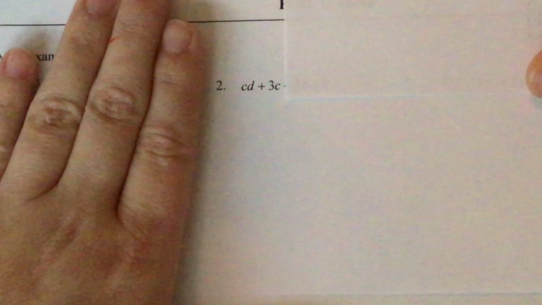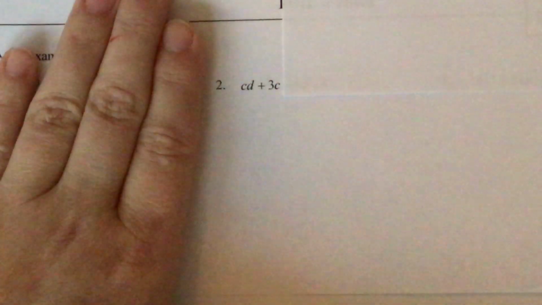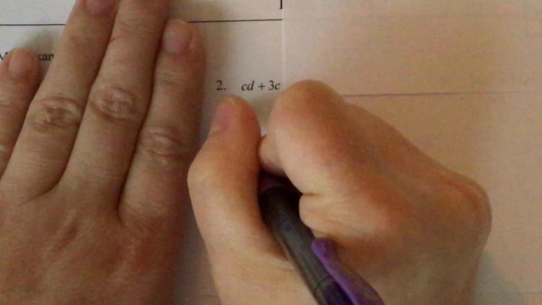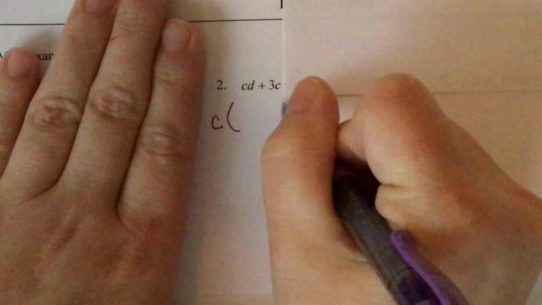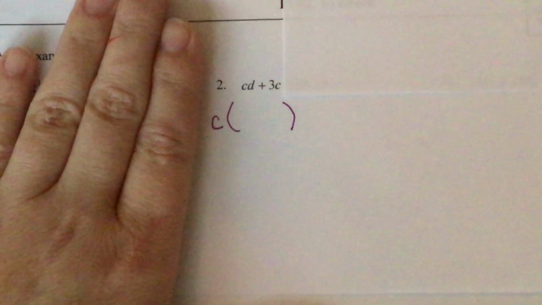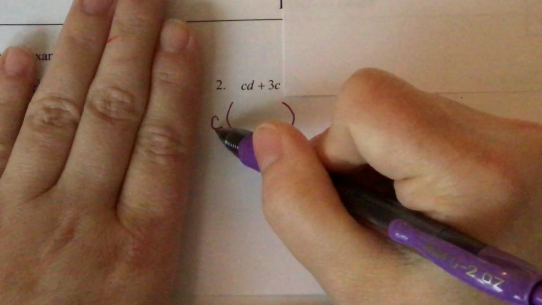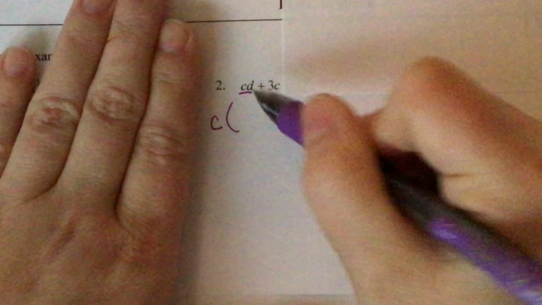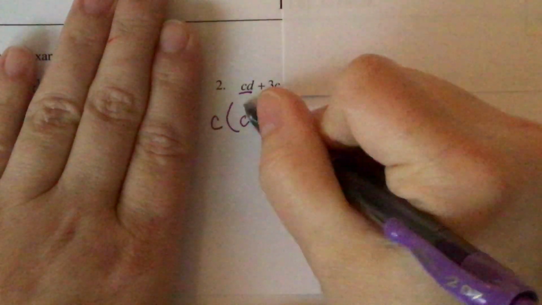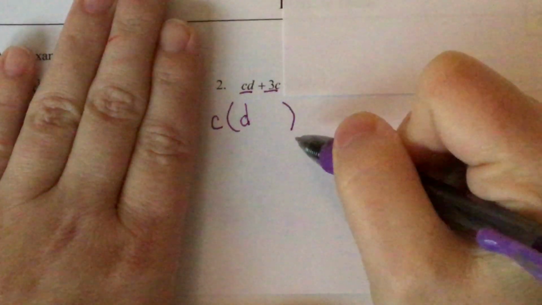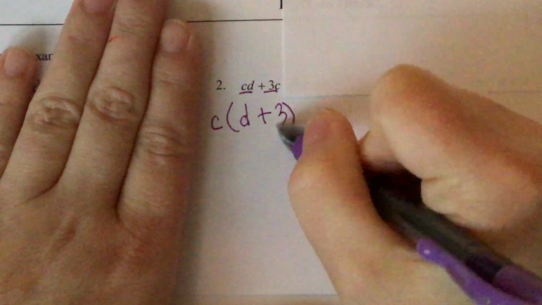So I group together my front two, and I take their GCF out. Do you know what they both have? They both have a C. That's all they both have, but they both have a C. Okay, build your parentheses, and let's get both of these back. What could you multiply with C to get CD? A D. What could you multiply with C to get a 3C? A 3.